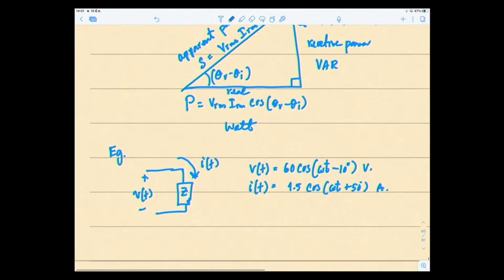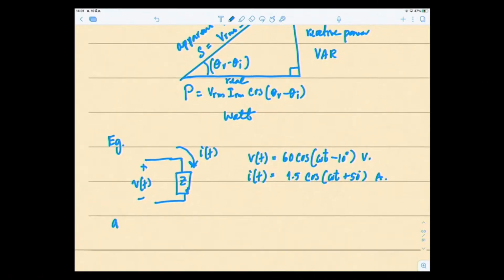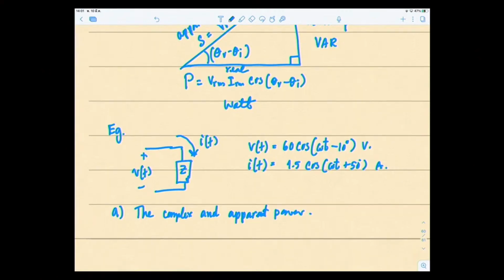Then the question is number A: find the complex power and apparent power.